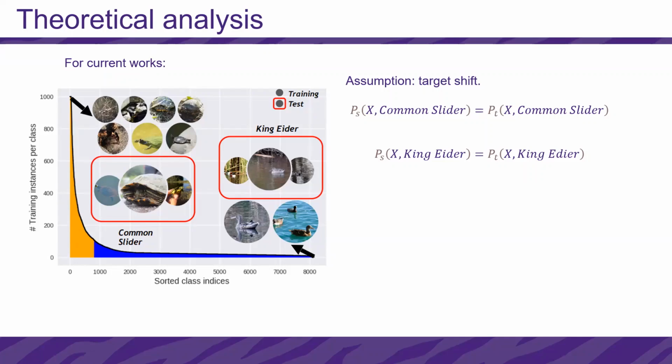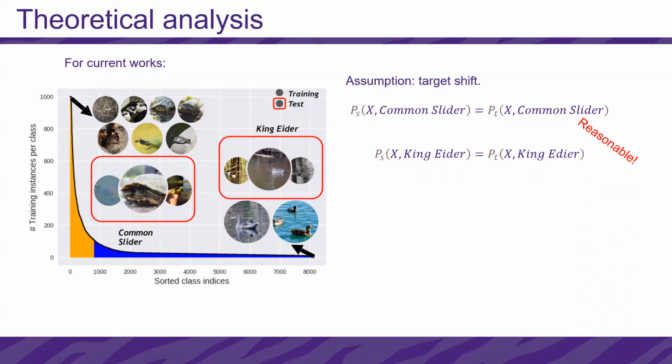This is a distribution on the target domain, and here is the kingfisher class. They provide these assumptions, and it seems reasonable because this assumption can make a good algorithm for long-tail recognition.